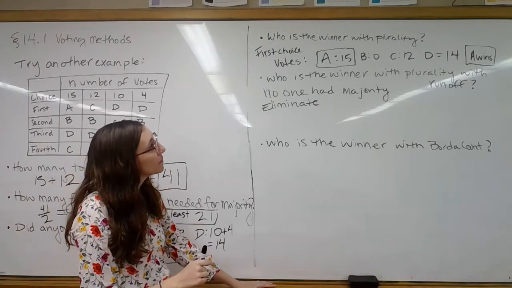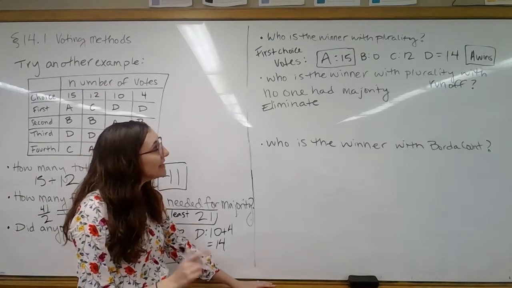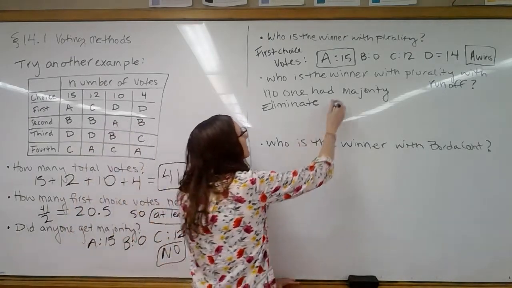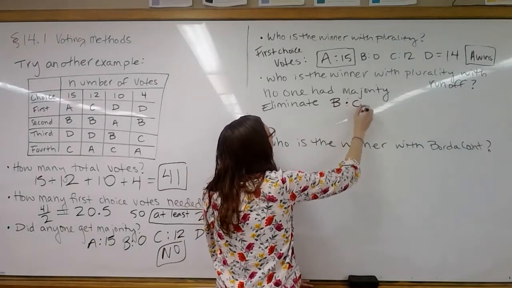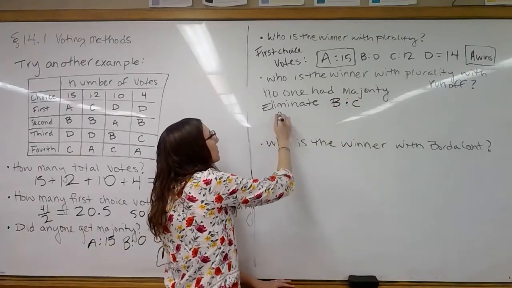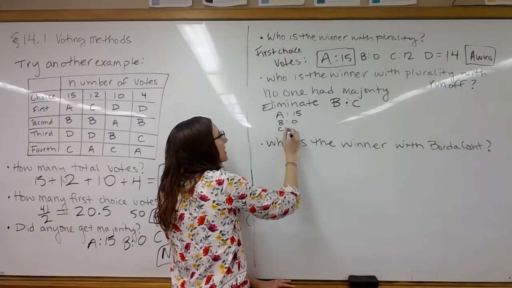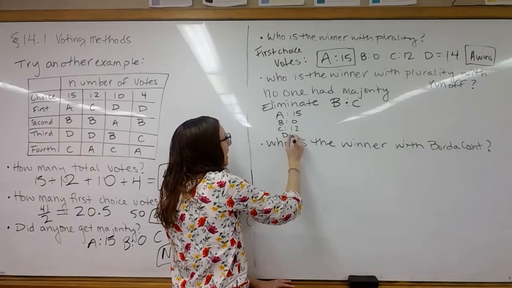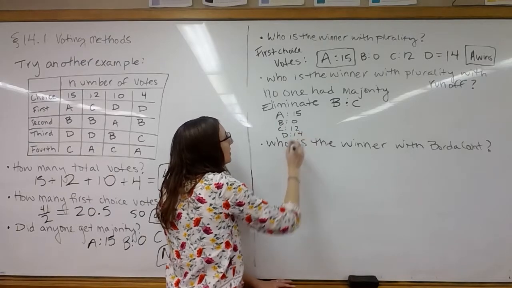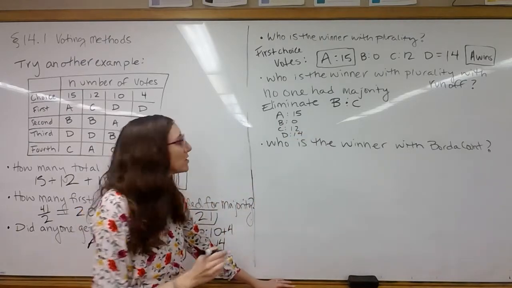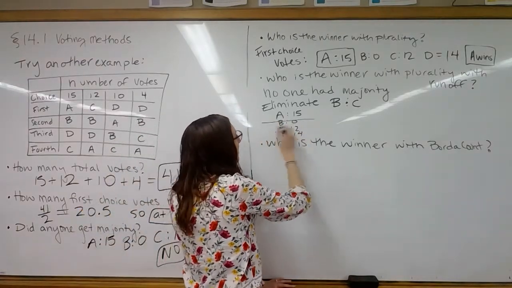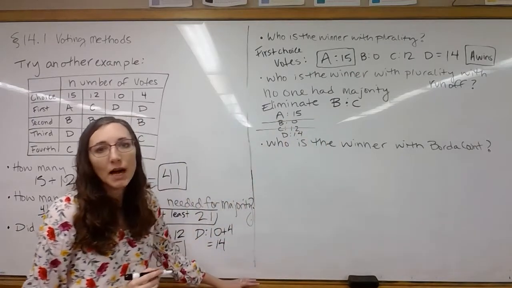In this case, we would eliminate B and C, because originally A had 15, B had 0, C had 12, and D had 14. Looking at those numbers, we eliminate everyone except the top two.